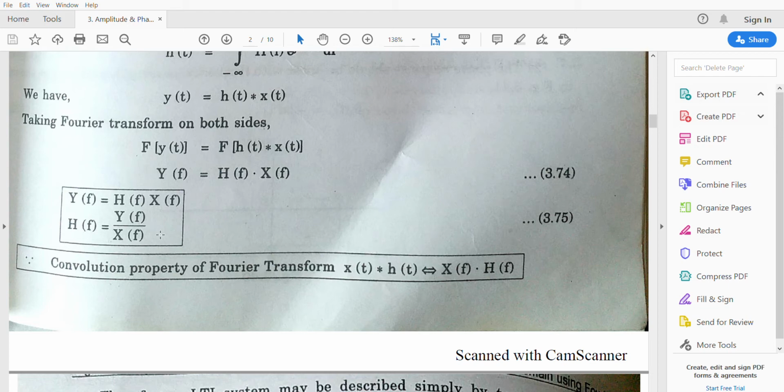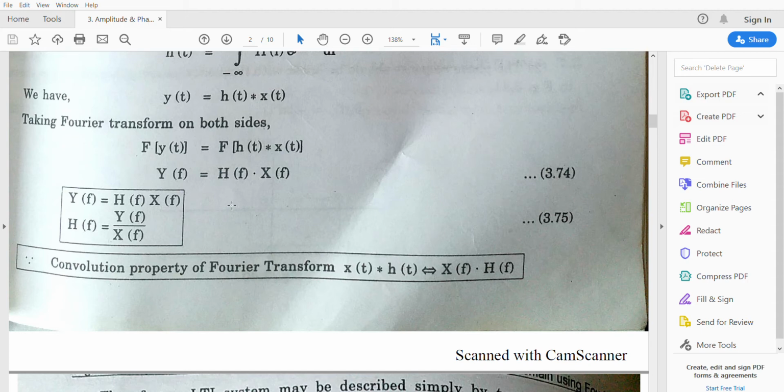We can find the output response in the time domain too. For that purpose, we have to find the Fourier transform of the system response. Applying the Fourier transform formula, we can find H(f), and find the Fourier transform of the input, that is X(f).